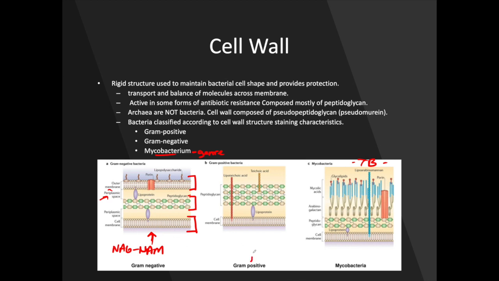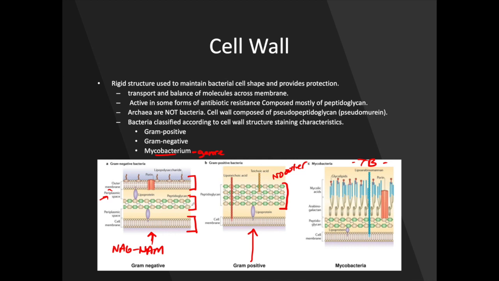Now if I move over here to the gram-positive cells, there are two major differences. Number one, there's no outer lipid layer. Also, look at the size of this cell wall. Since there's no outer layer, gram-positive organisms have a very thick cell wall, layer upon layer of peptidoglycan, whereas our gram-negatives did not.